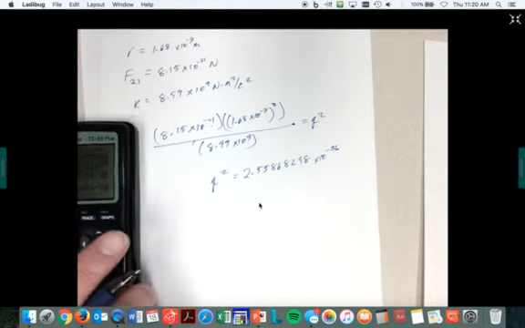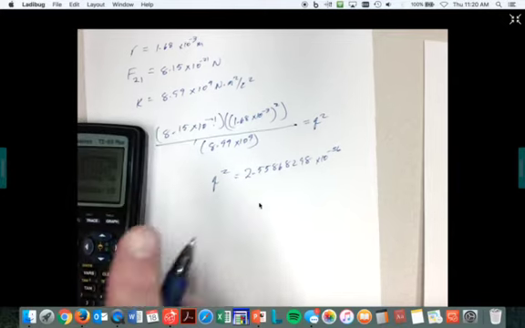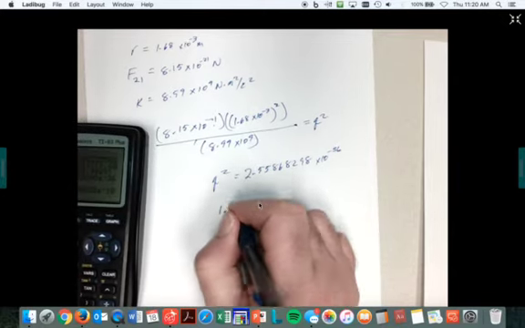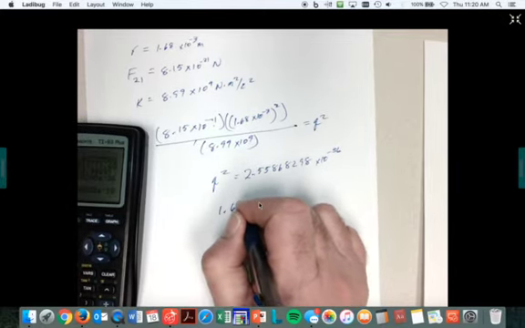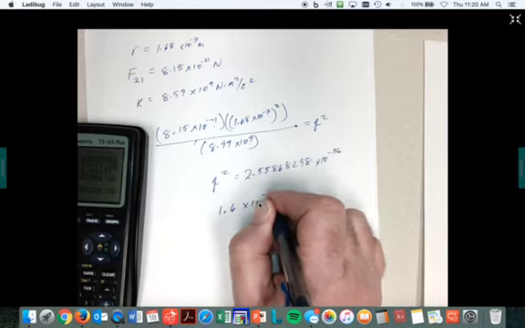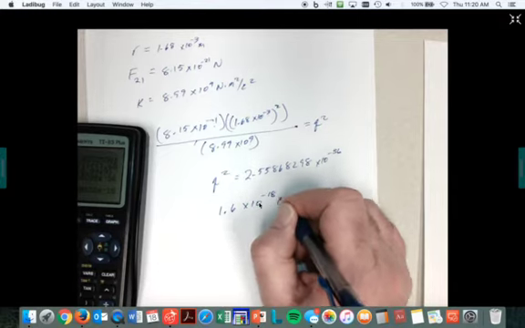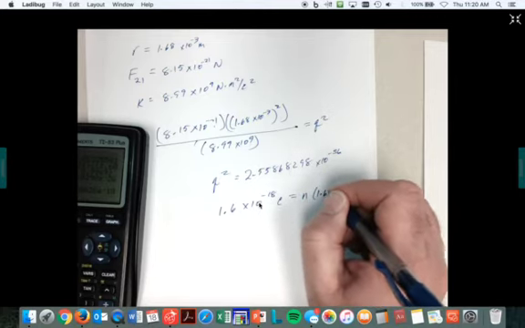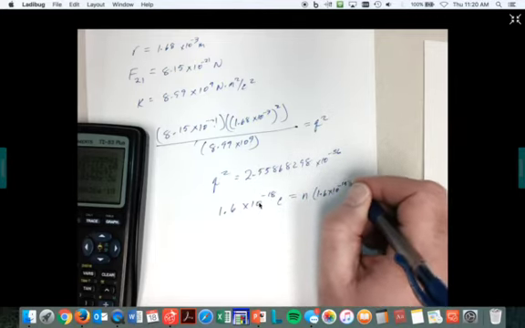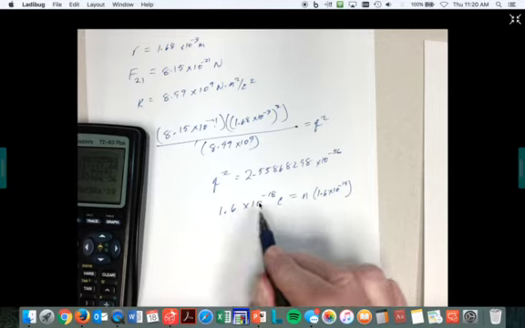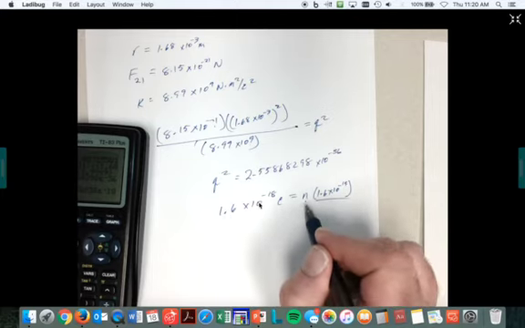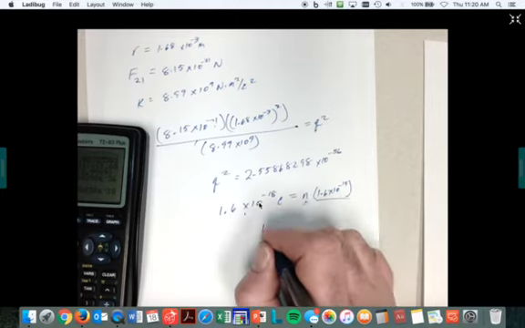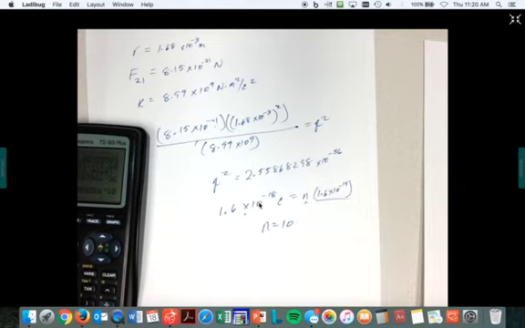Since I've carried it all the way through, I'm going to round this and say this is 1.6 times 10 to the negative 18 coulombs. And this is equal to N times 1.6 times 10 to the negative 19 coulombs. What do I need to multiply this number by to get this number? 10. N equals 10. So that worked out.